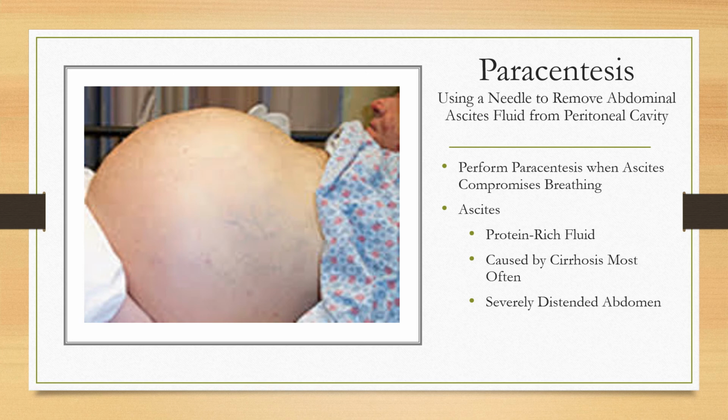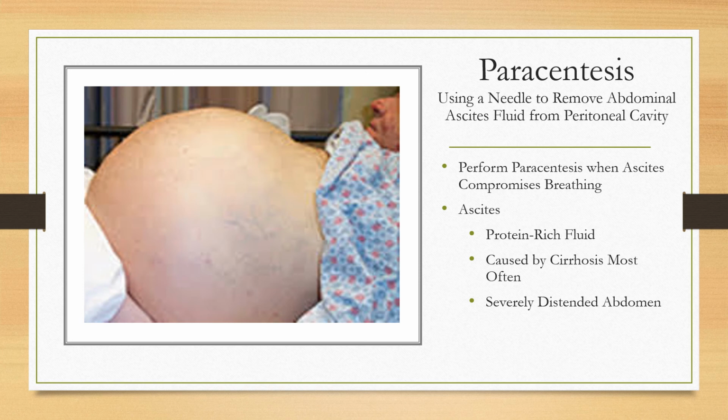Vitals are taken. We check their weight. Sometimes we'll measure their abdominal girth. And then sometimes we'll provide them with sedation. Most of the time, patients don't need sedation if there's really good local anesthetic.